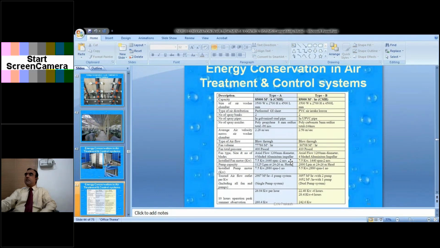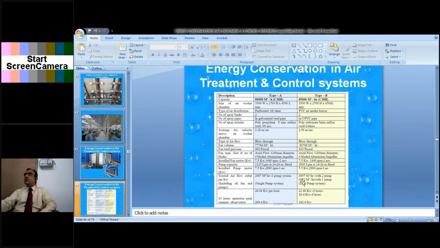Keeping other parameters the same, the flow of the fan slightly improved because of the change in the spray system, and the velocity is almost the same. The installed fan motor was 7.5 kW earlier, and now it is also the same. Whereas the pump capacity changed from 1125 liters per minute to 2000 liters per minute.